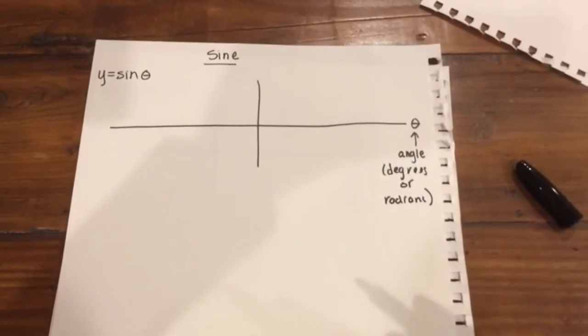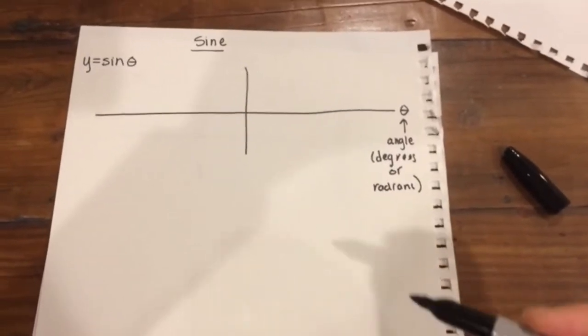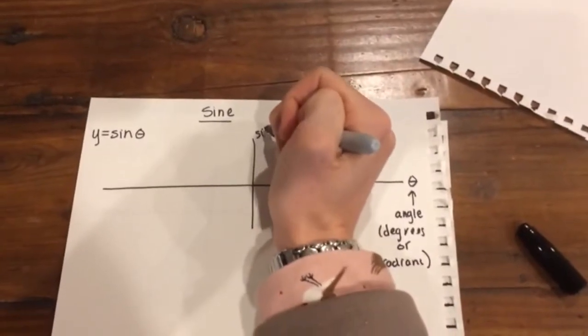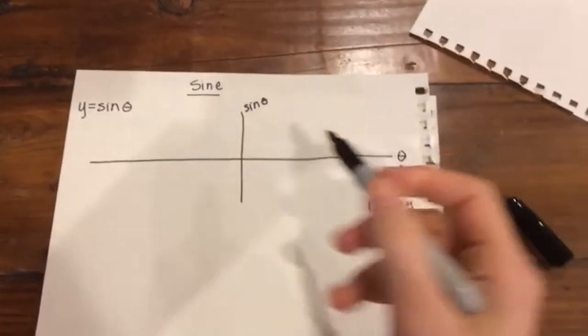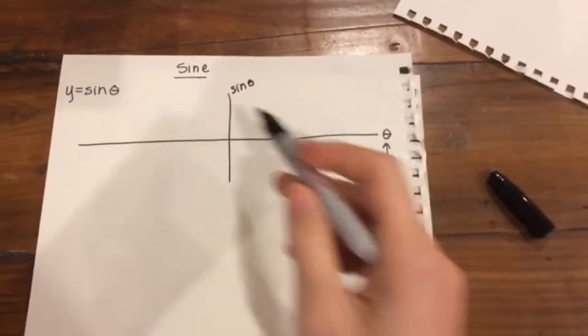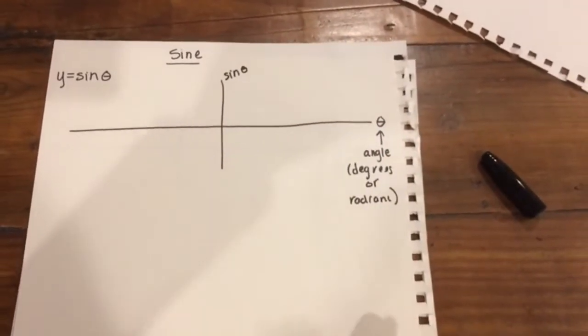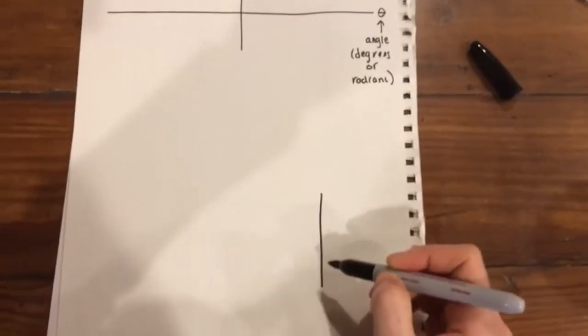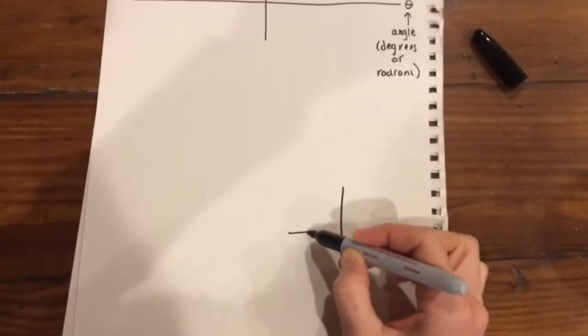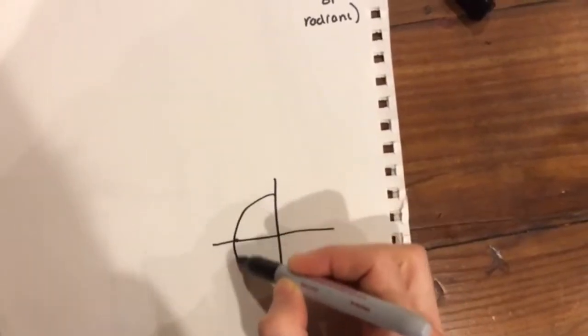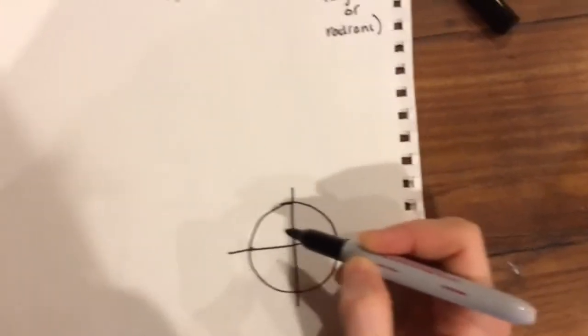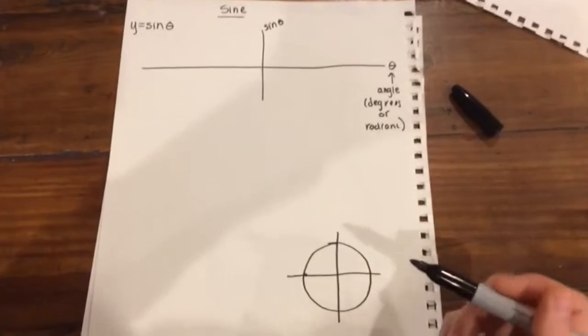So what I'm going to think about is what value sine has. Oh, and the y-axis, our output, is our sine theta. So it inputs theta, it outputs sine theta. So to graph this function, I'm going to think about the unit circle. And I'm not going to think about every single value on the unit circle.